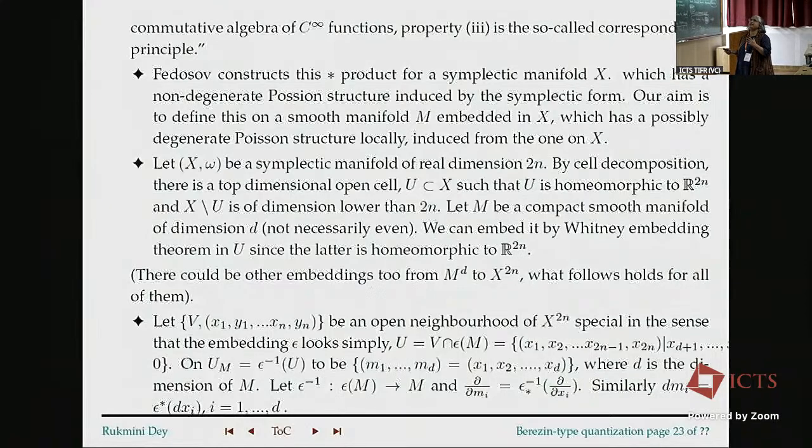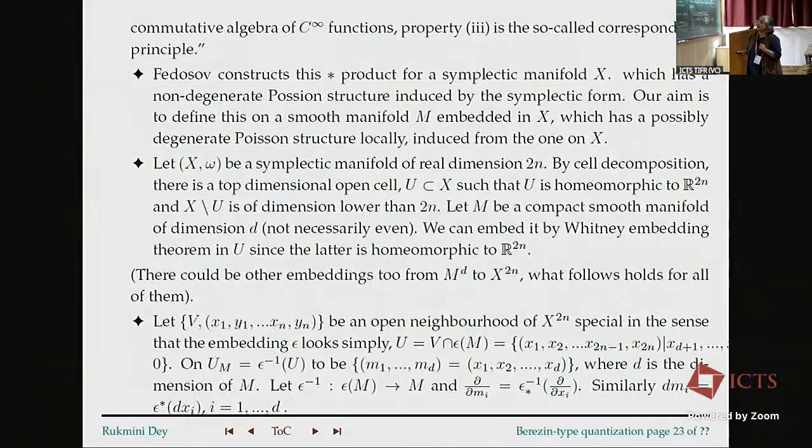Any embedding actually would do, but I'm saying R2n because then we can embed it by the Whitney embedding. So just to give an example, but actually you can use any embedding. There could be other embeddings too, and what follows holds for all of them.